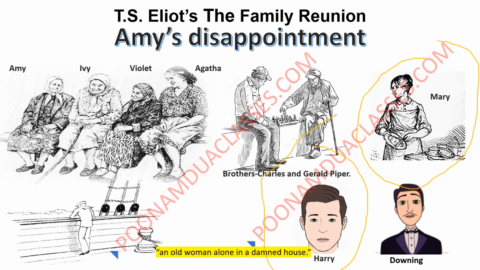Agatha Mary को assure करती है कि हैरी का चले जाना ही यहाँ से अच्छा रहेगा, लेकिन एमी बहुत disappointed है. एमी continues feeling sad about her loss, finally conceding that they all had left her. ऐसा लगता है एमी को कि हर कोई मुझे छोड़ छोड़ कर चला जाता है, मेरी फैमिली में जो भी है. एंड दिस इज द वर्ड दैट शी अटर्स, एन ओल्ड women alone in a damned house.